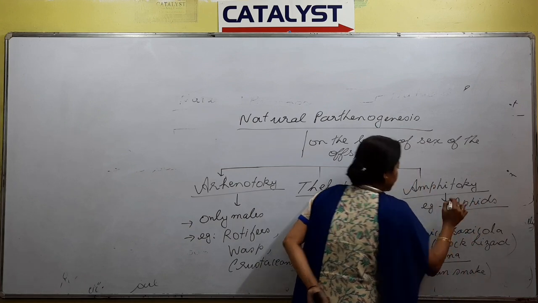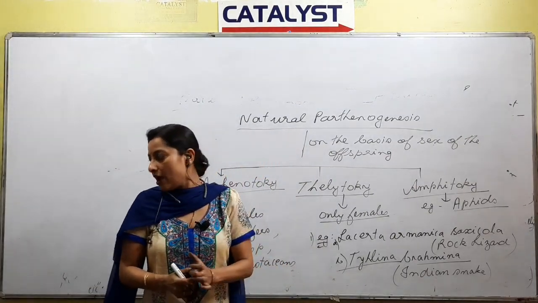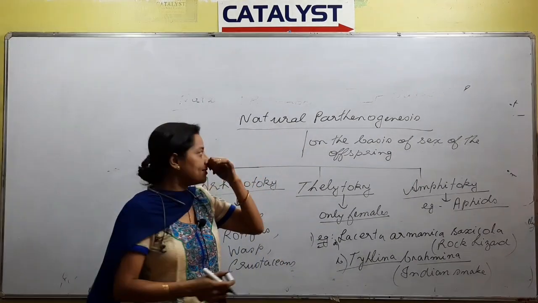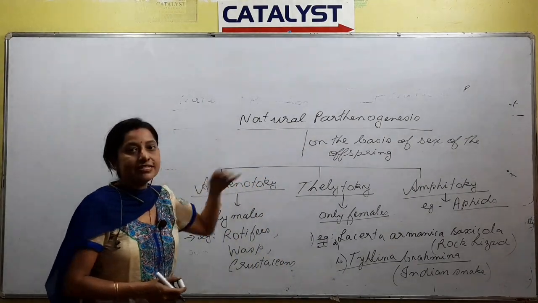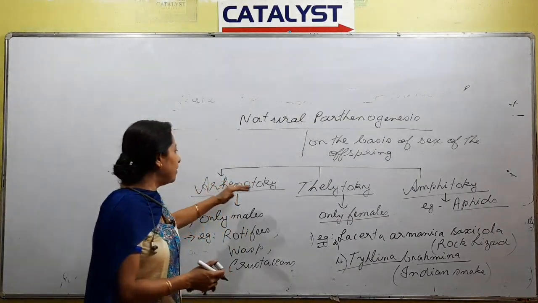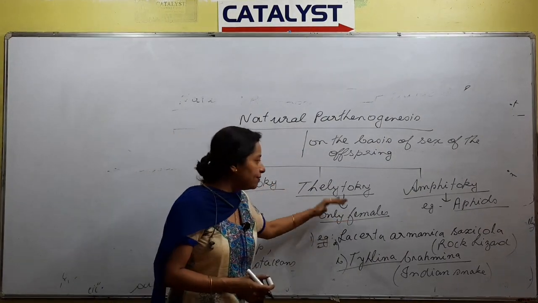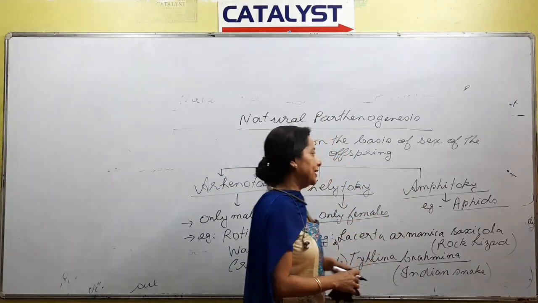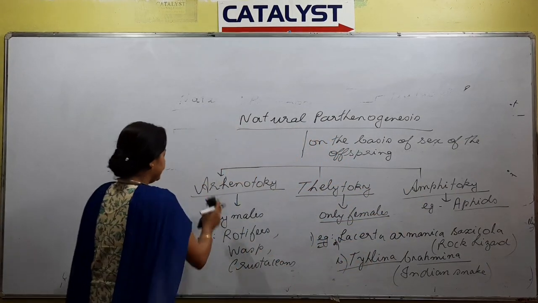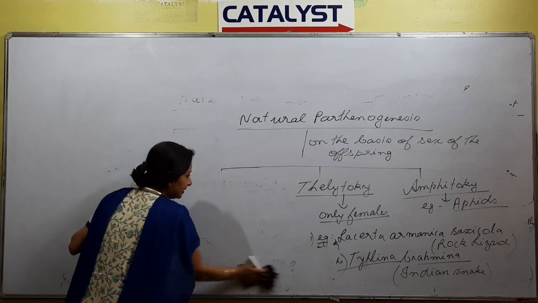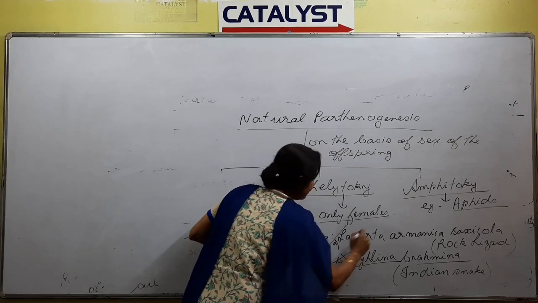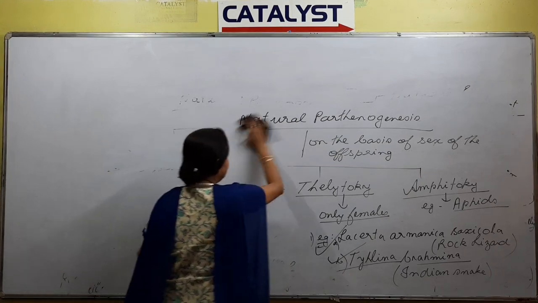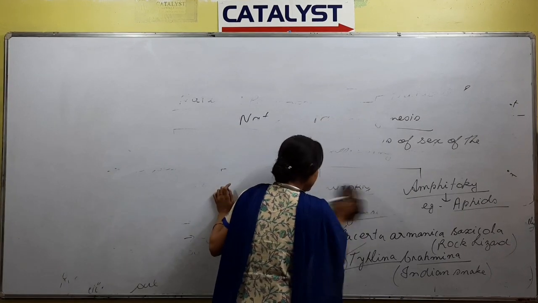Right, so natural parthenogenesis is a type of classification. And what is the classification we are talking about? On the basis of the sex of the offspring. If it is male, it is called as arrhenotoky, only female it is called as teletoky, and if it is both it is called as Amphitochi. Remember these two examples, that is specially for parthenogenesis. The rock lizard or the Caucasian rock lizard may be asked in questions.